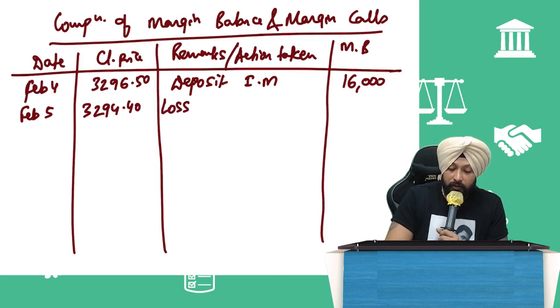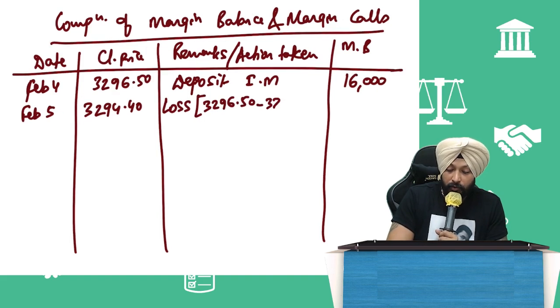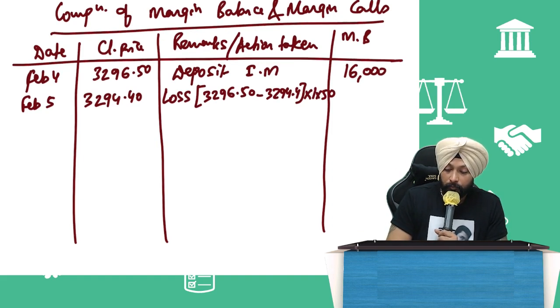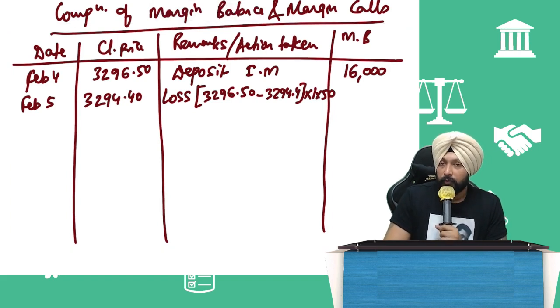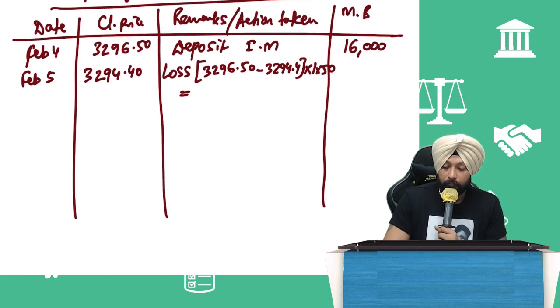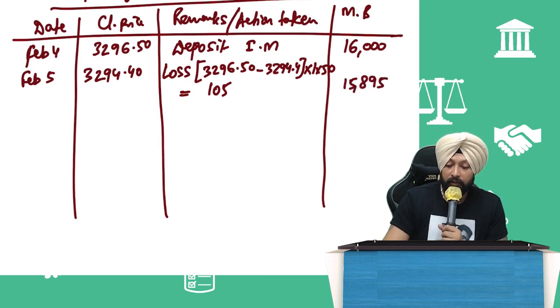What happens? There is a loss. 3296.50 minus 3294.40 into 1 into 50. Number of lots is 1, lot size is 50. One zero five. Your revised balance is 15,895.